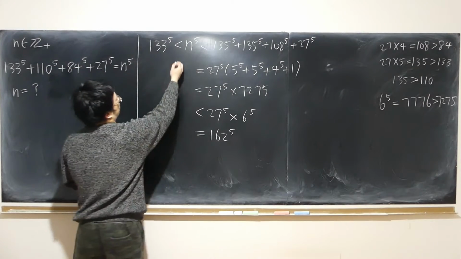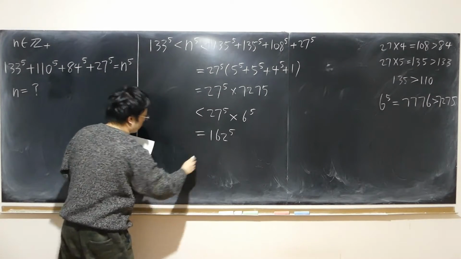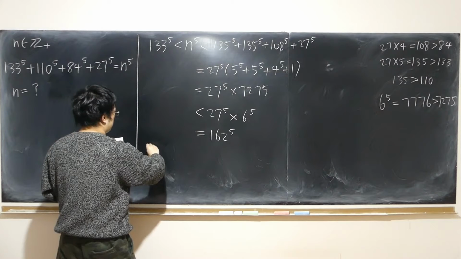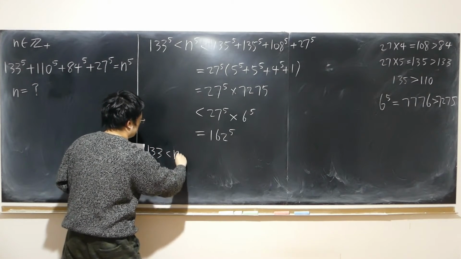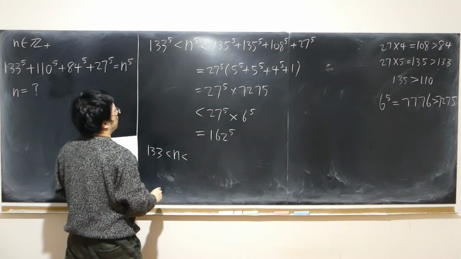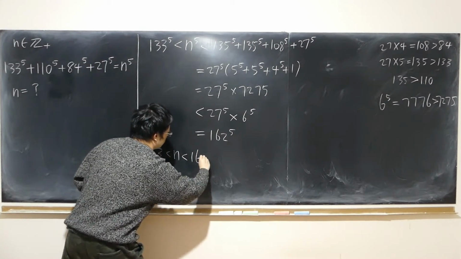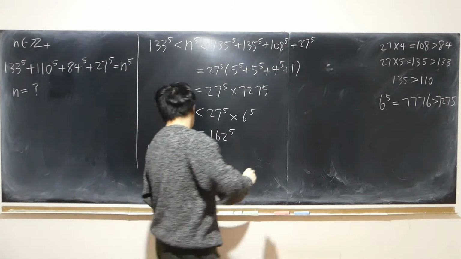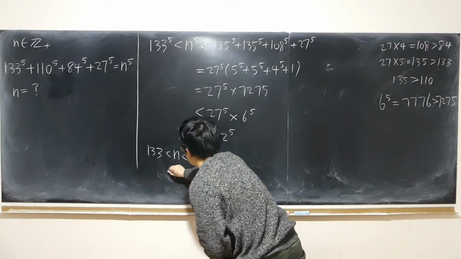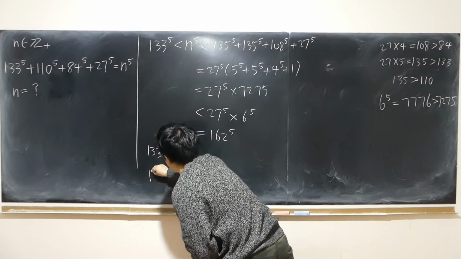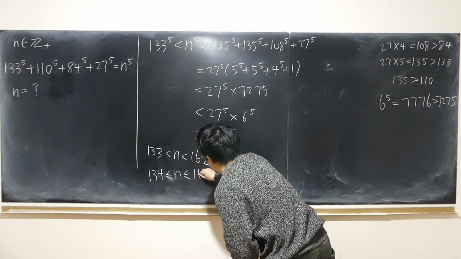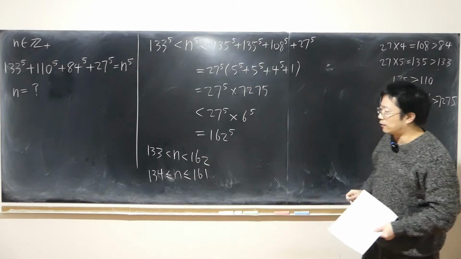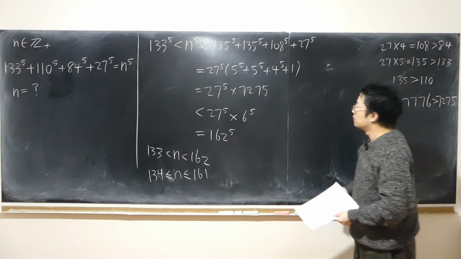So again, this is bounded between this and that, which tells us that n has to be bounded between 133 and 162. Or we can say n is bigger than or equal to 134 and less than or equal to 161. This is perfectly reasonable.